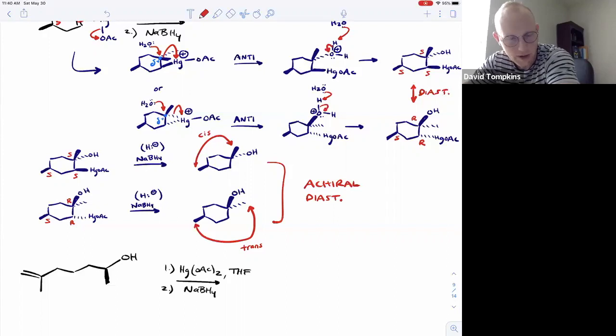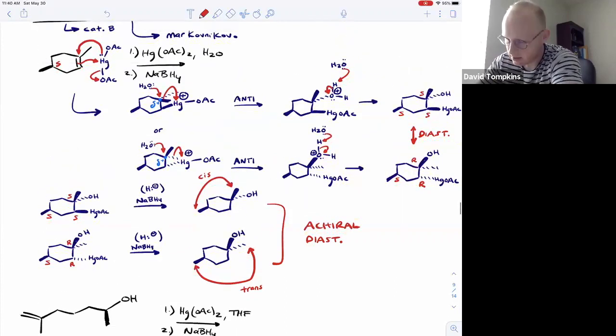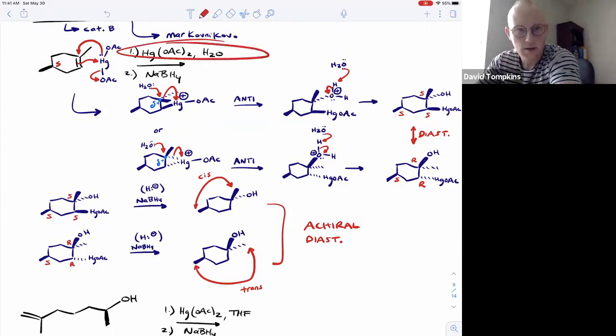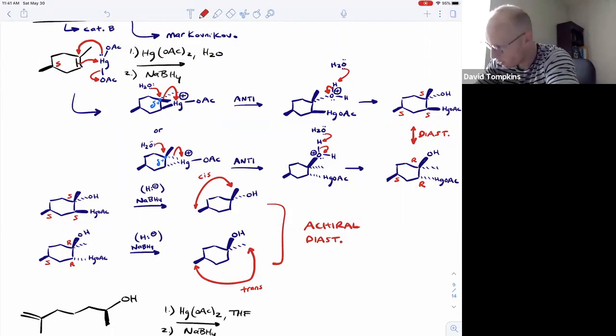Both cis and trans form, because the mercury bridge could have formed from the top or the bottom face of that initial carbon-carbon double bond, the planar sp2 carbons of the alkene. So this is a bridge intermediate, and after step 1, with mercury and water, or mercury and a solvent, you're going to get that anti-addition only, where mercury and oxygen are trans.